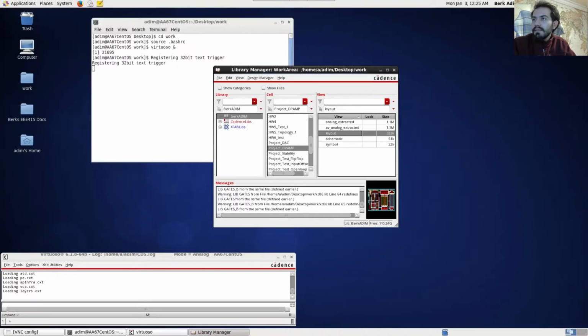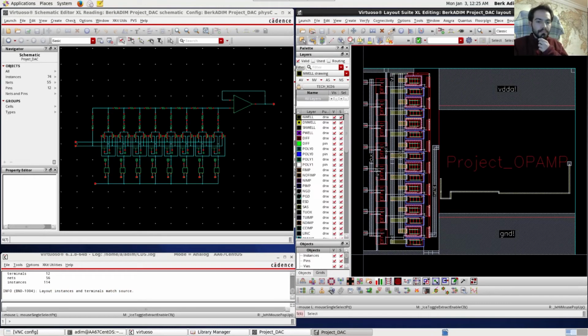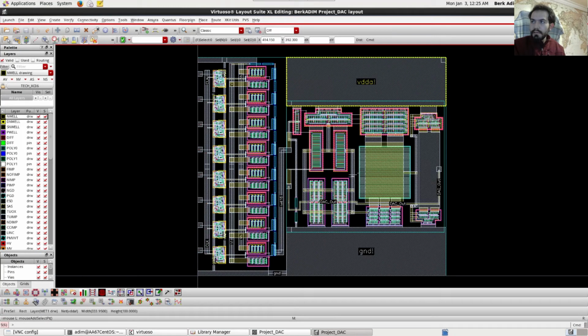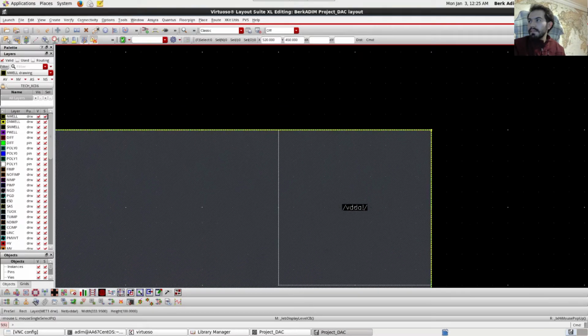And then let me show you the layout design of the DAC. Here at the lower view, as you can see, our designs are quite compact. Actually, this design is, let me see, 520 micrometers by 450 micrometers, which is quite small.